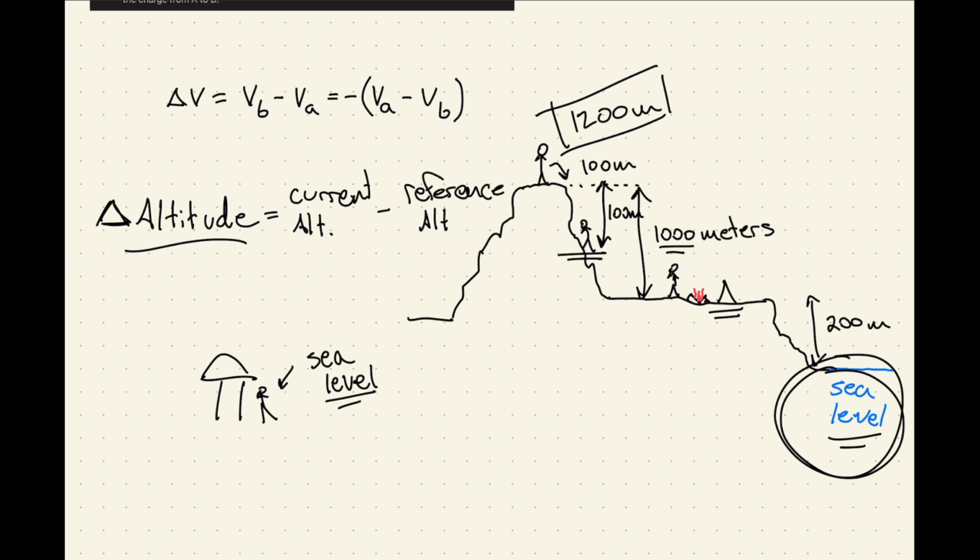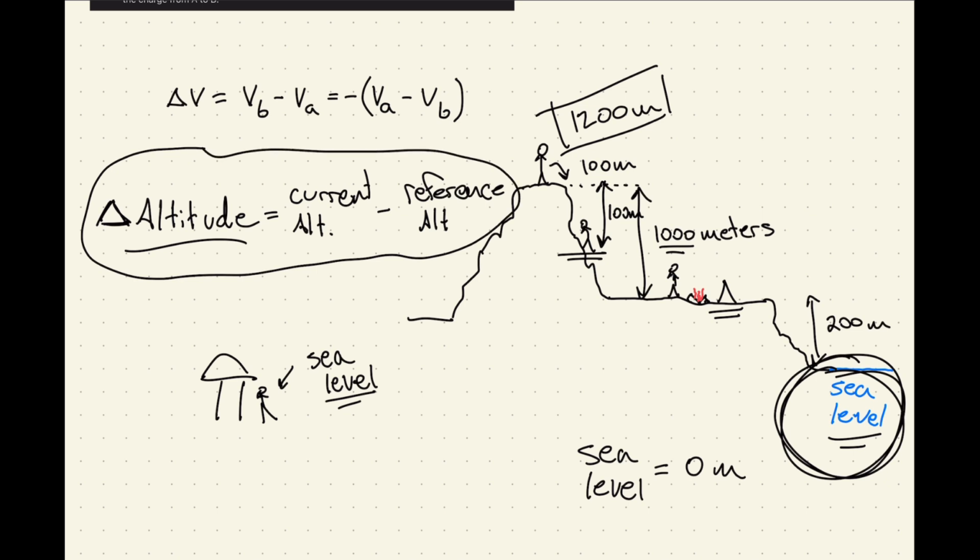altitude. Okay, and if the reference altitude is sea level, and we label sea level as equaling 0 meters, 0 meters from sea level, then this equation here, the altitude, becomes a very simple equation. You can just remove this reference level and say, oh, this is sea level.